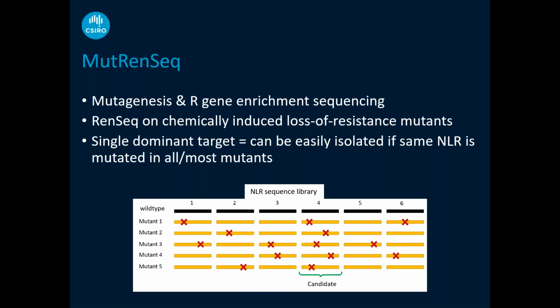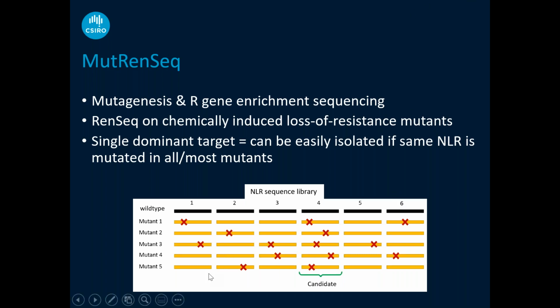So MutRenSeq, or mutagenesis and R gene enrichment sequencing, is basically RenSeq performed on chemically induced loss of resistance mutants. Because these target R genes are a single dominant locus, they can be easily isolated if the same NLR is mutated in all or most mutants.